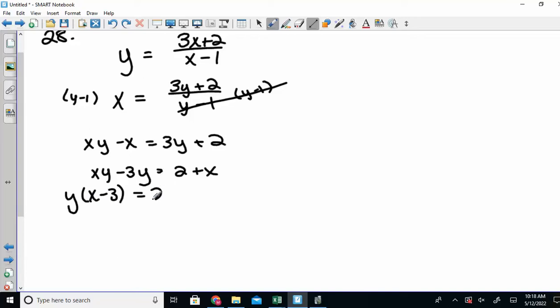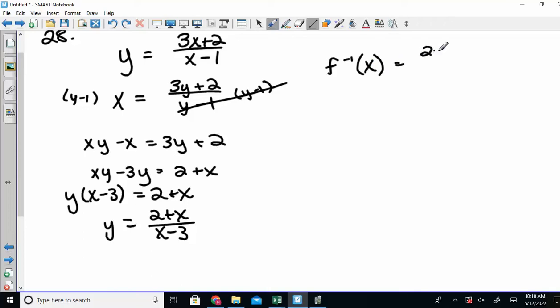Take out a y. So then we can divide. So my inverse is 2 plus x over x.